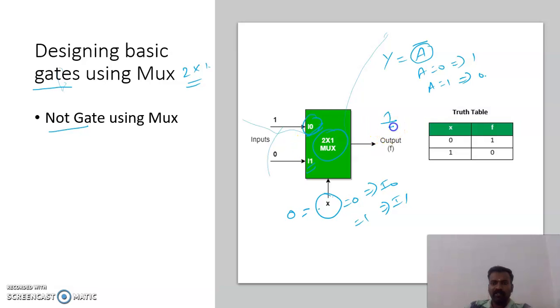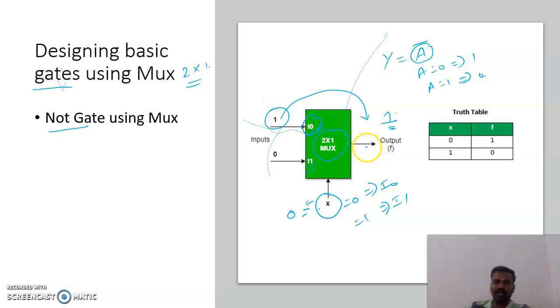So I need the output to be 1, so I give 1 as the input to I0, because when x equal to 0 it selects I0. If I gave 0 there, then when x is 0 that output would come instead.